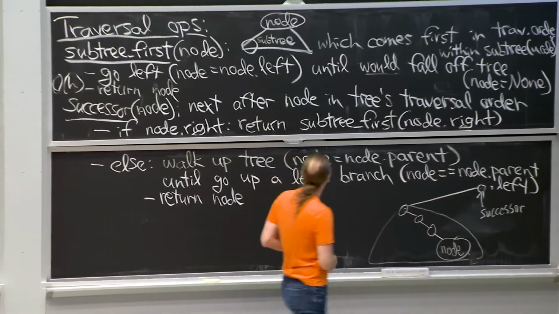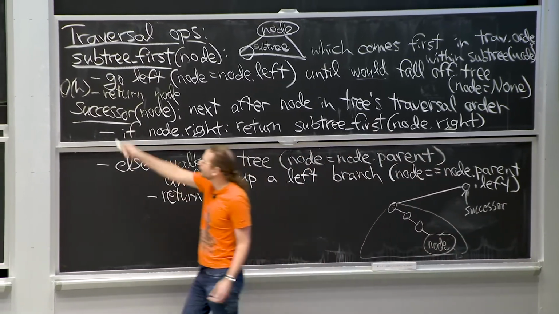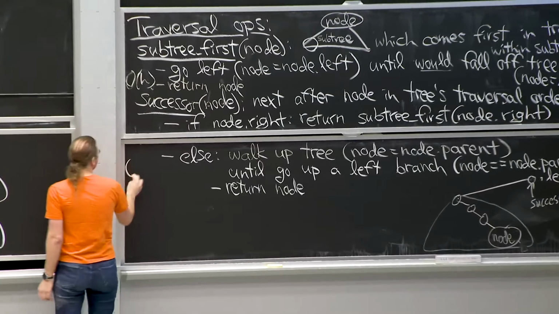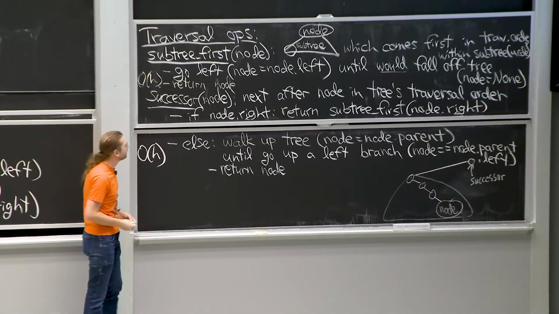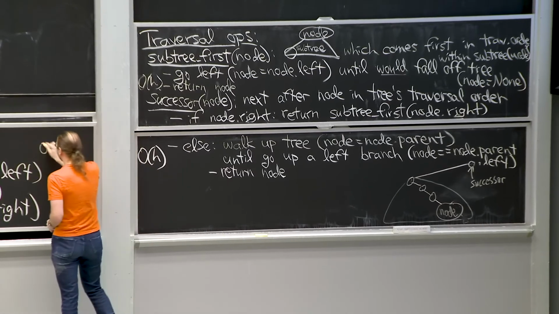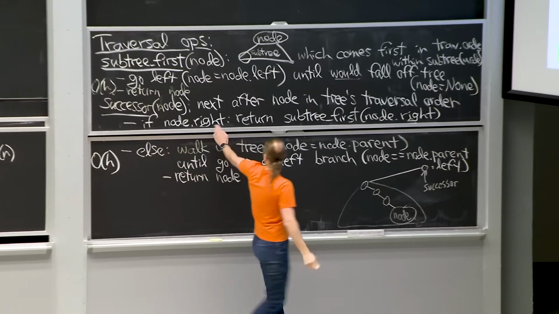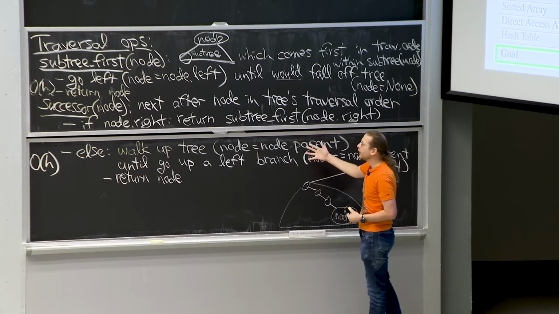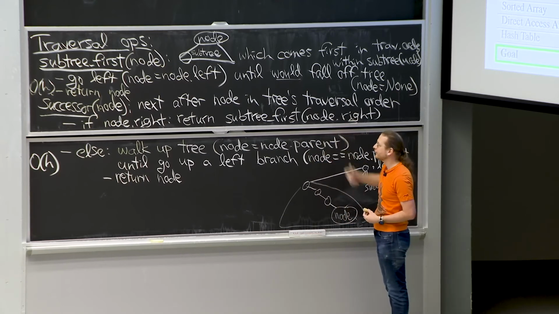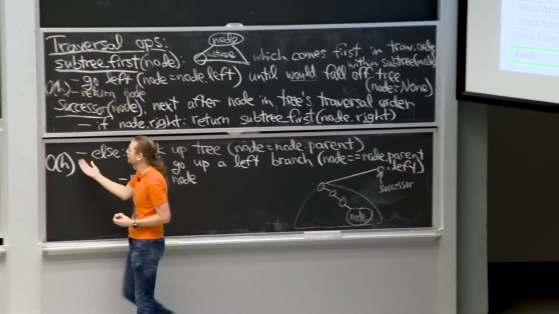In fact, it's going to be the depth of that first node, but in the worst case, that's the height of the entire tree. In general, all of these operations are going to be order h. We need to think about it in each case, except for this one, which is order n. So we're iterating through the whole thing. In this case, we're just calling subtree first, so that takes order h time. Here, we're walking up the tree instead of down, but that's going to cost exactly the height of the node. We happen to stop early, but worst case, order h.